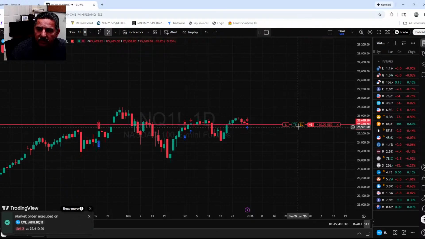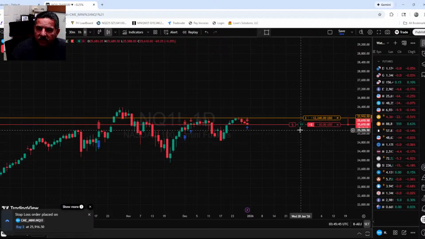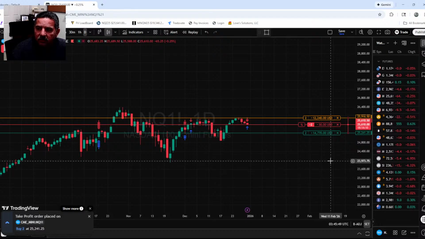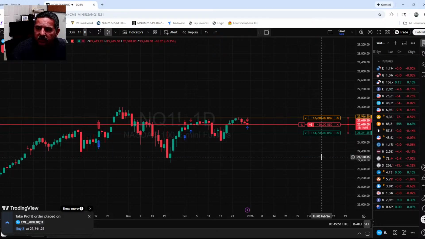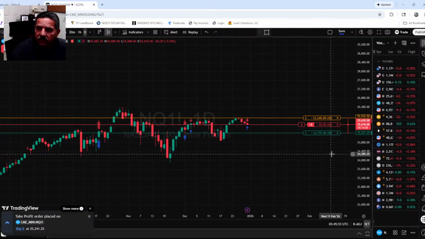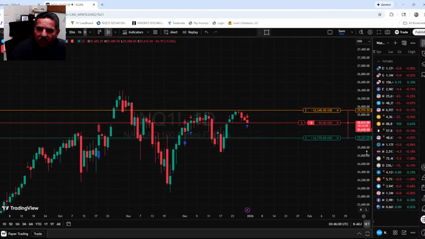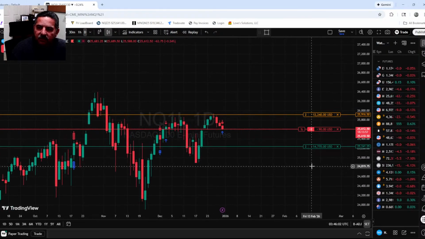You see how that pops up? So you grab your stop loss. You want to lose that much money, and you want to win that much money. Holy crap, 2 contracts gives me that much? That's crazy. Paper trading's crazy. But this is called paper trading, and it's all fake money.